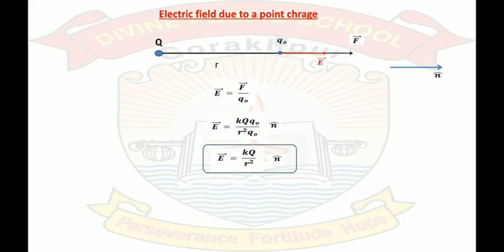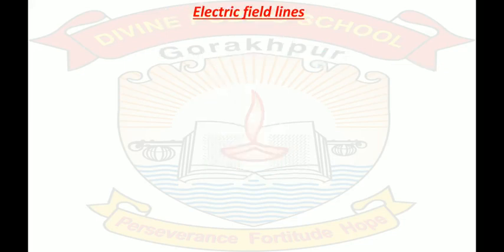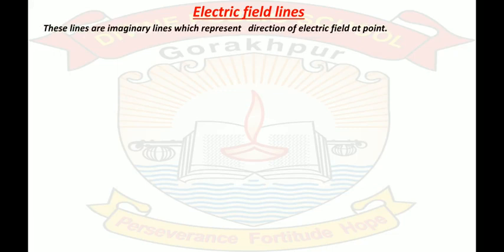Now let us move ahead. Now we are going to discuss electric field lines. What are electric field lines? Actually these lines are imaginary, which represent direction of electric field as well as strength of electric field in a given space. But when we say strength, actually it does not show exact strength, it shows relative strength.